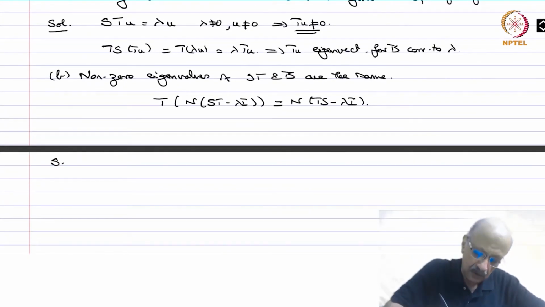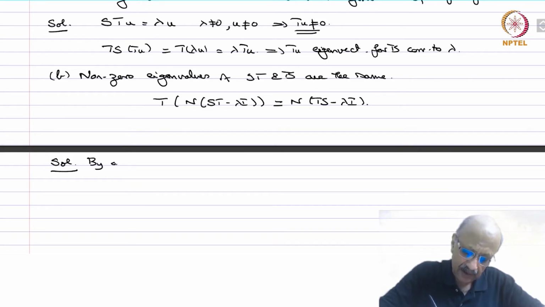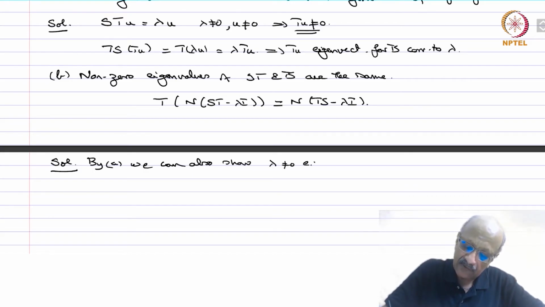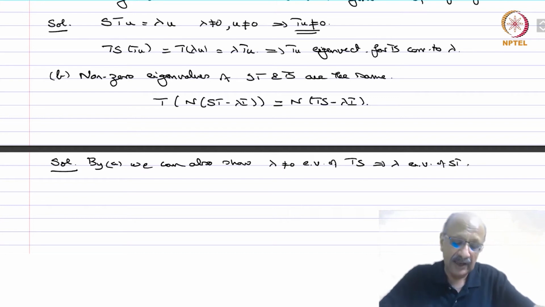So the solution. By part A, we can also show that lambda not equal to 0 an eigenvalue of TS implies lambda is an eigenvalue of ST. Okay, so that's the same thing. In T and S there is nothing sacred about that, so you can just interchange the roles and do it.